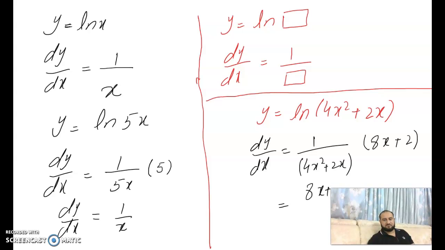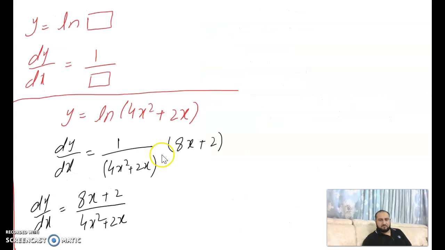So here dy by dx will be equal to 8x plus 2 over 4x squared plus 2x. If we want to simplify this, we can simplify it a little more, because we can see we can have 2 as a common factor.